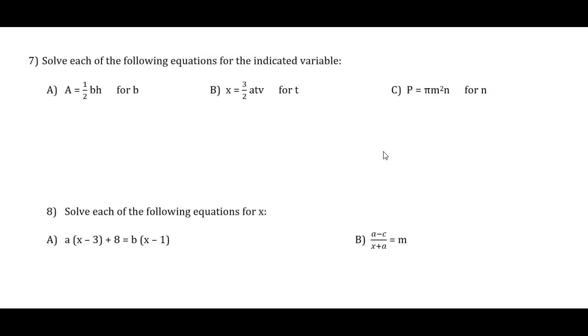Okay, these are the ones I think we don't like very much. These are the literal equations. They're the ones I think gave us the most trouble even yesterday on the Delta Math review. So we have A equals 1/2 BH. Our goal is to solve for B. So the first thing I would do is get rid of my fraction by multiplying both sides by 2.